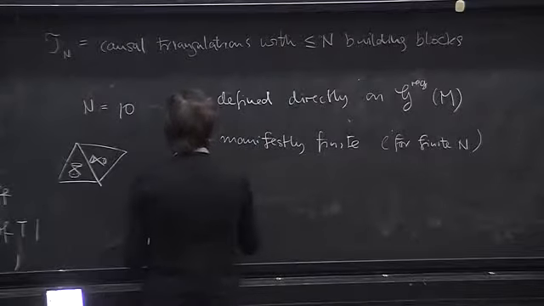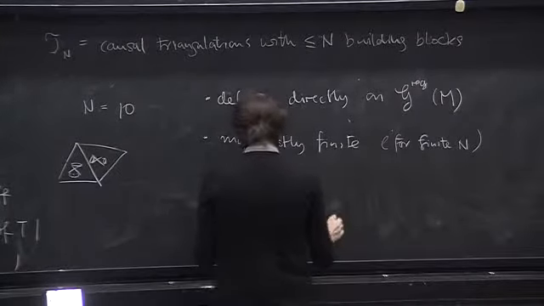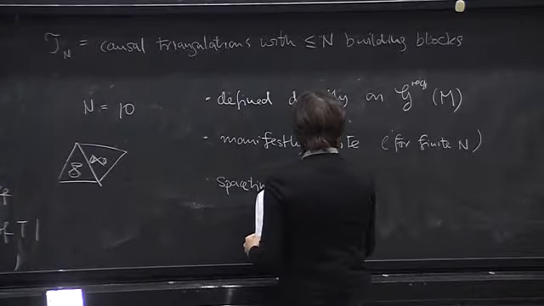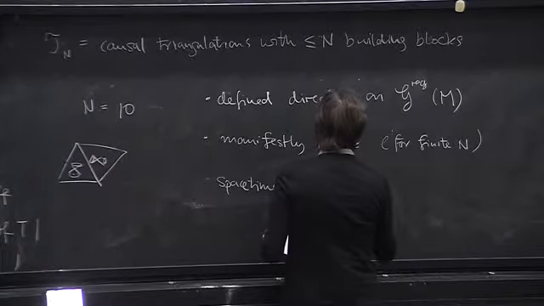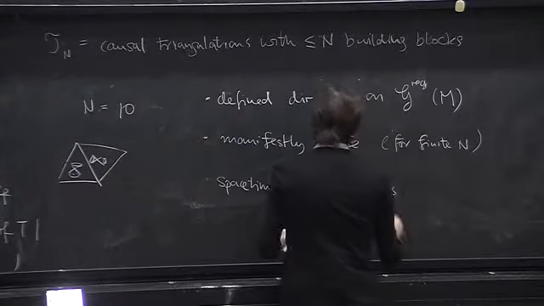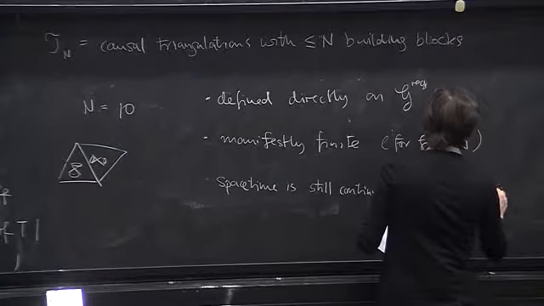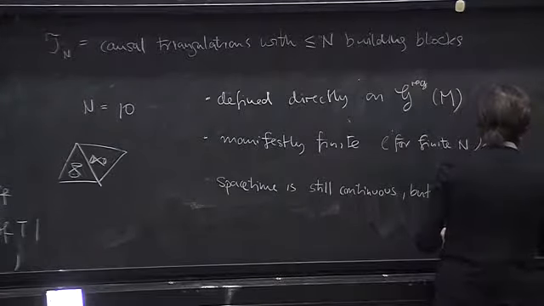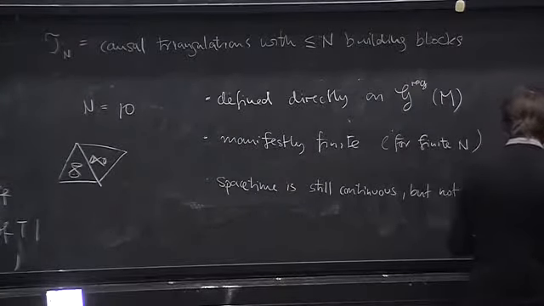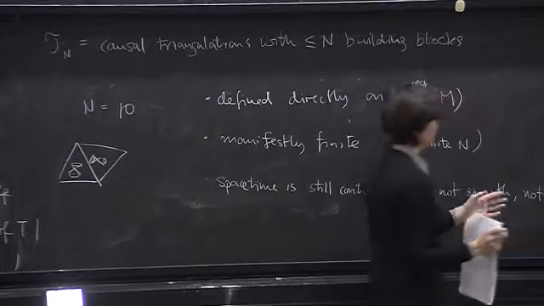And space-time is still continuous. It's continuous, but clearly not smooth. Also, there's sometimes misunderstanding of what to call this. Space-time is not discretized.